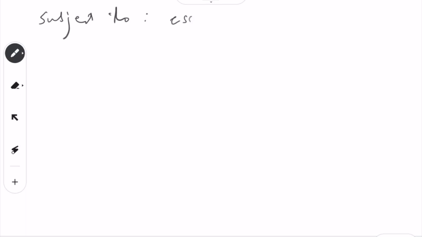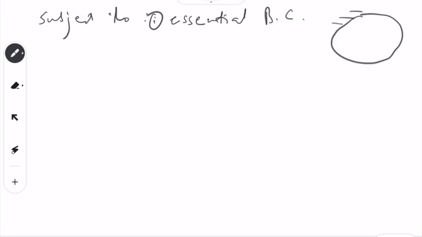boundary conditions. Number one, the essential boundary condition, and that means we are giving on some boundary gamma u, on gamma u, what is given? u equal to u bar.